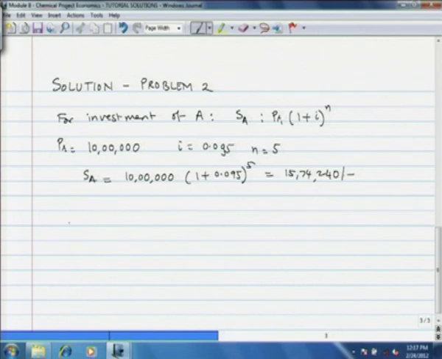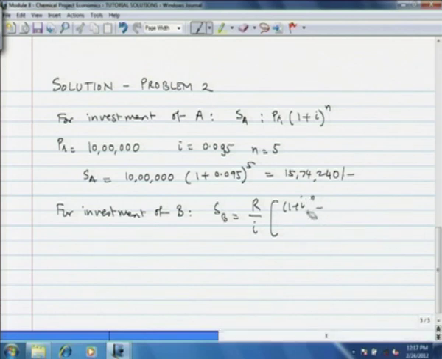Now, person B has to have the same maturity amount. However, the investment of person B is in the form of an annuity, because he is depositing the annual profit in the recurring deposit account. So, for investment of B, the sum that will be accumulated in his bank account, SB, will be R by I into (1 plus I) to the power n minus 1.